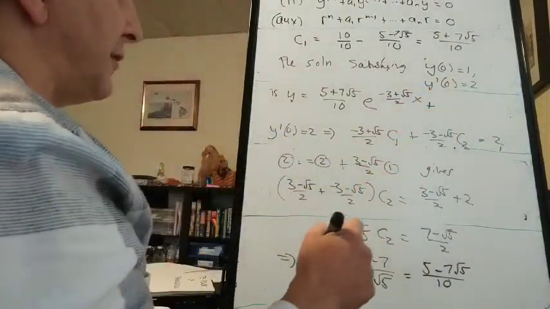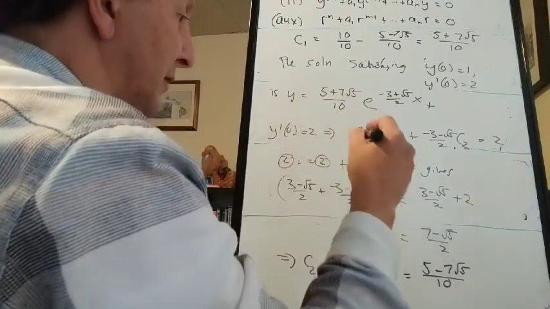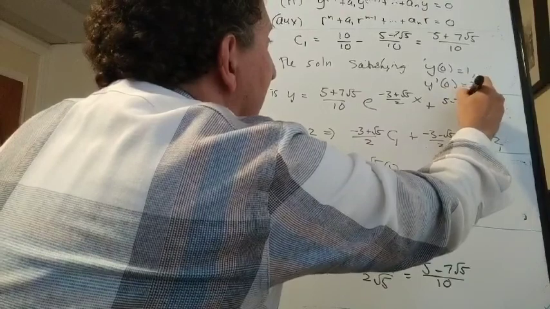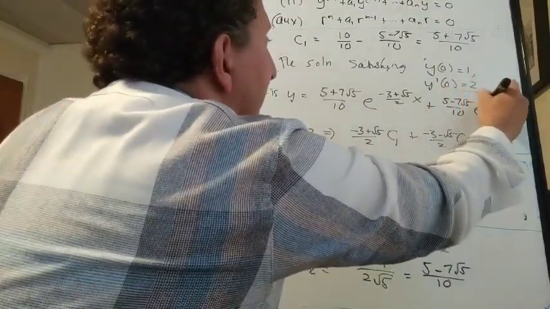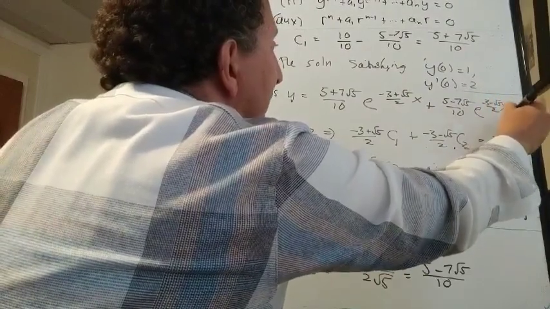And then the second coefficient c2 is 5 minus 7 root 5 over 10, times e to the negative 3 minus root 5 over 2 x.